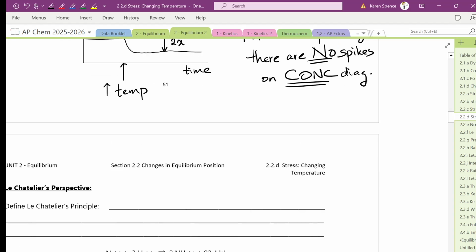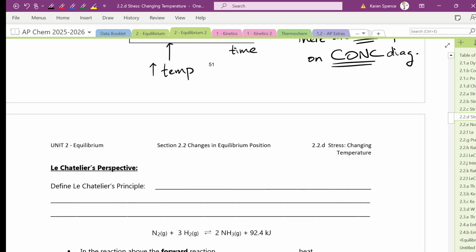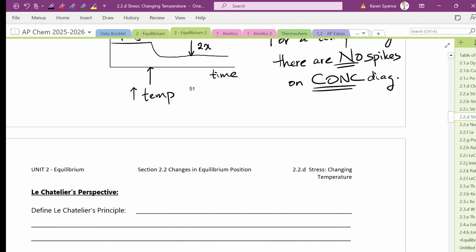Oh, look, you get to define Le Chatelier's principle again. Try that.